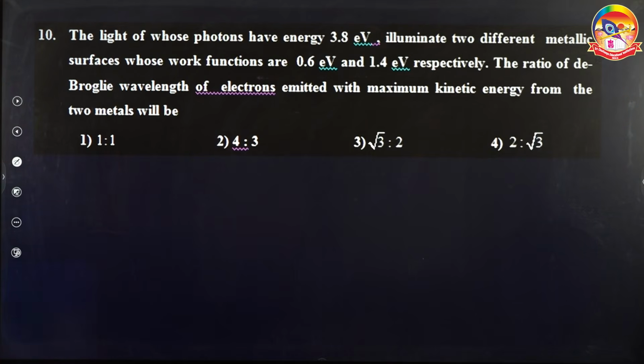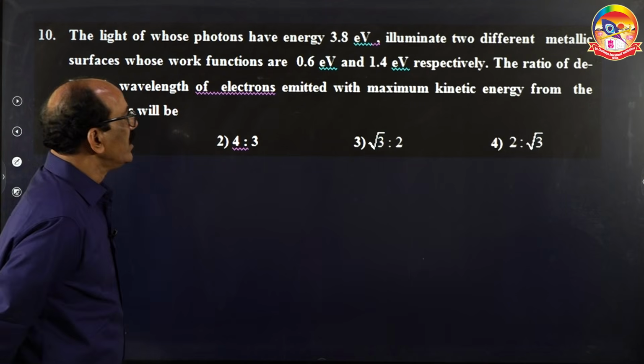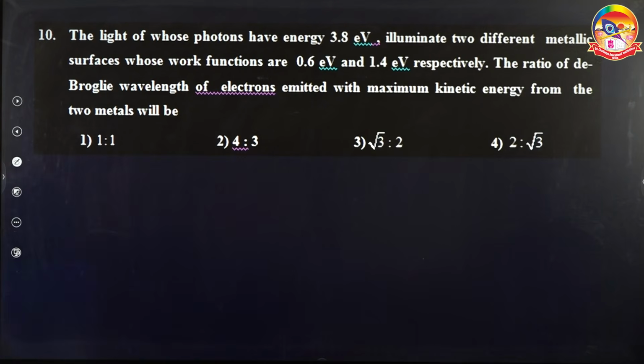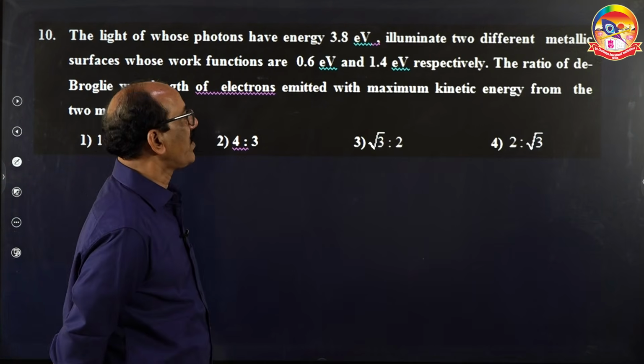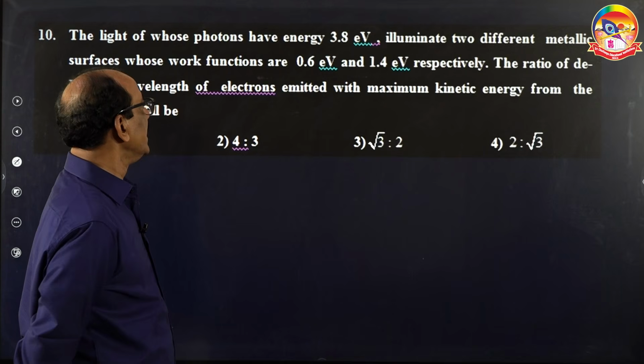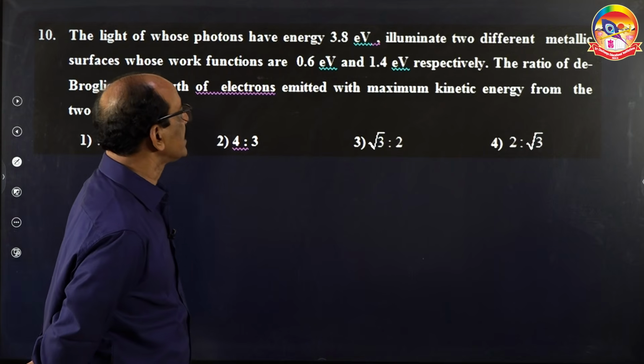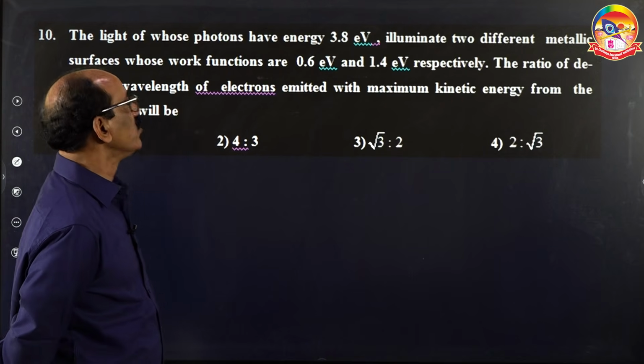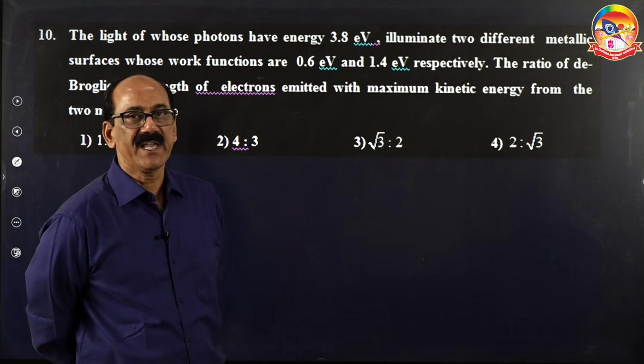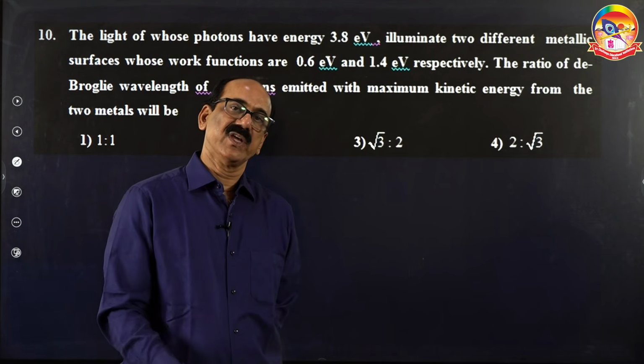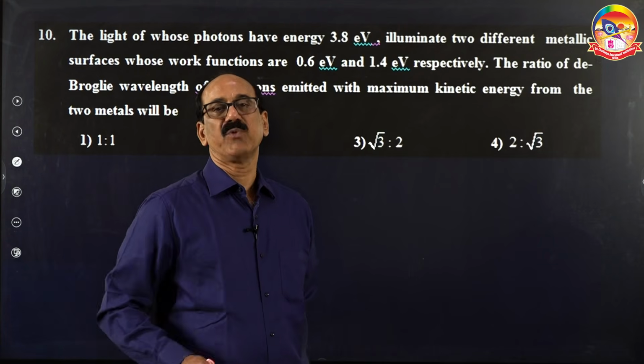Then, the light of whose photons have energy 3.8 electron volt illuminates two different metallic surfaces whose work functions are 0.6 electron volt and 1.4 electron volt respectively. The ratio of de Broglie wavelength of electrons emitted with maximum kinetic energy from the two metals. Here the question is a combination of the photoelectric emission and the de Broglie wavelength.